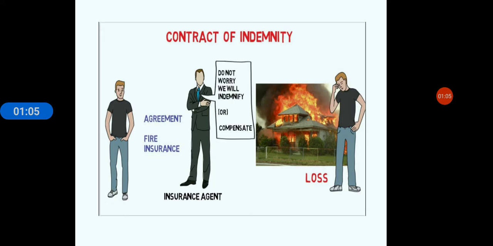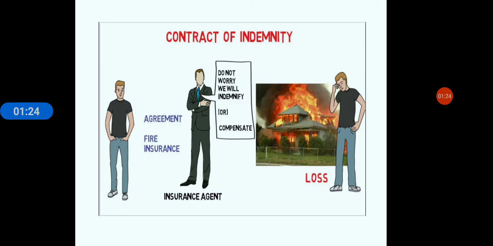Look here. What we have learnt in the definition is that a contract of indemnity is a contract. Take the example of an insurance company. There is an agreement between the insurance company, that is the insurance agent, and the client.